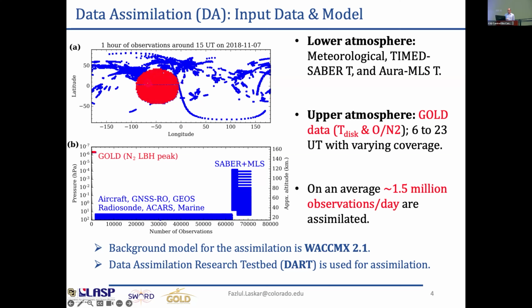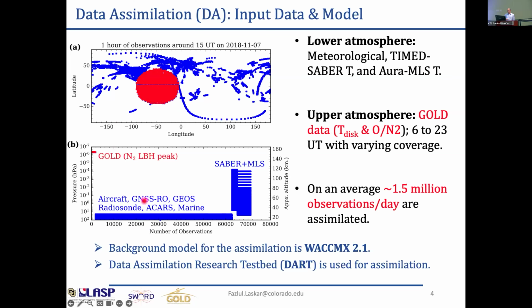This red portion represents where the T-disk is, but it can be a bit wider also. Here I limited the latitude or the zenith angle coverage. The blue ones are all these lower atmospheric data. In terms of altitude, you can see it covers the whole atmosphere from surface up to the thermosphere.